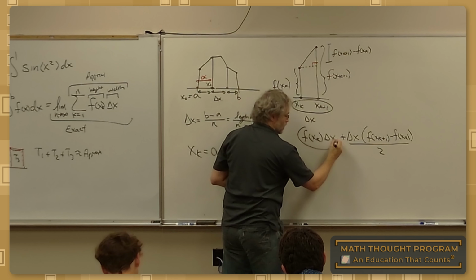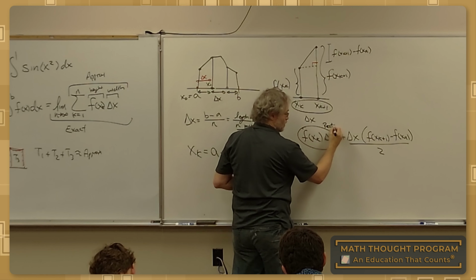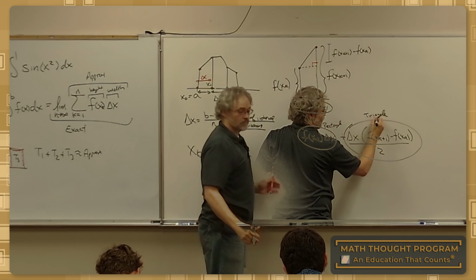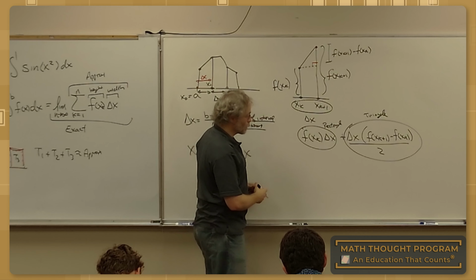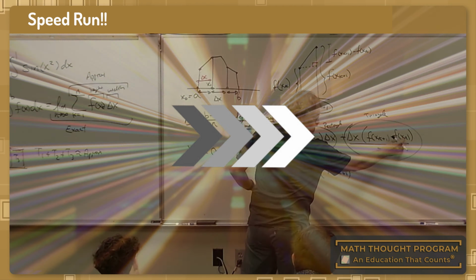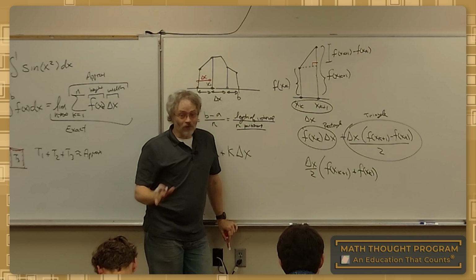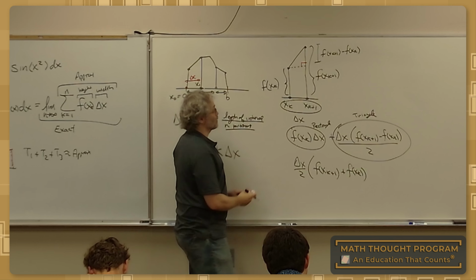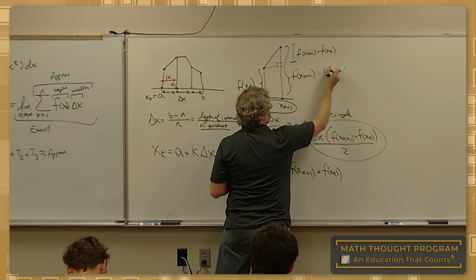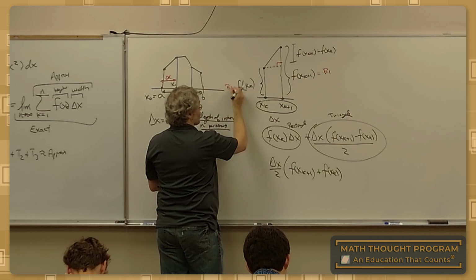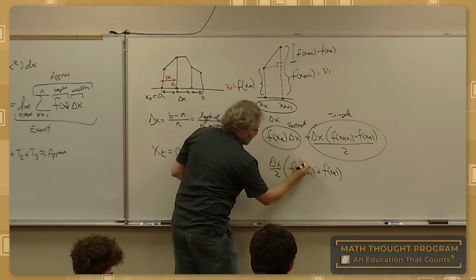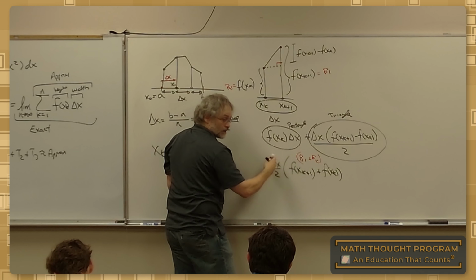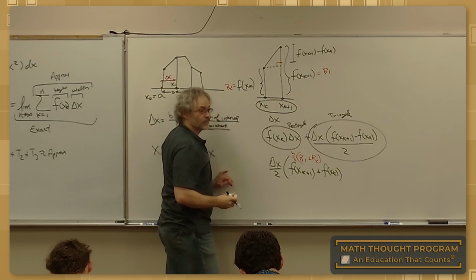So here is your area of the rectangle part, and here is the area of the triangle part. Simplify it down a little bit more. Or, again, you could just simply remember the formula for a trapezoid, where you have your base 1 plus your base 2, multiplied by the height, divided by 2.